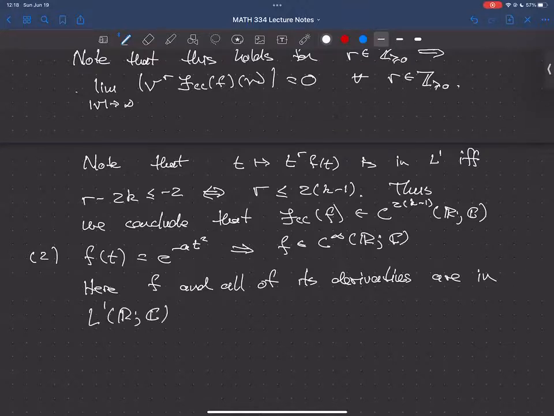Now, why is that? Okay, well, that's because if you differentiate this thing repeatedly, you're going to get some polynomial terms that appear out in front of the e to the minus a t squared when you do the chain rule for differentiation, and so all the derivatives are going to be a polynomial in t times this thing.